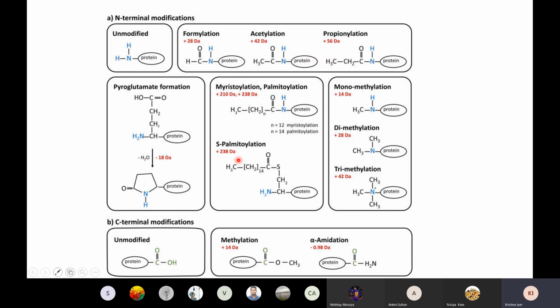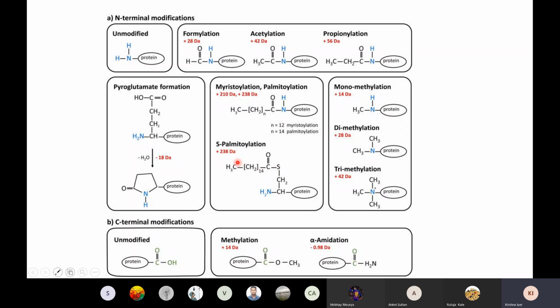Sometimes fatty acids are added, myristic acid or palmitic acid, C14 and C16 acids. They are added either to the N-terminal, called myristylation or palmitylation, or sometimes to the sulfur of the thiol group, forming a thioester.